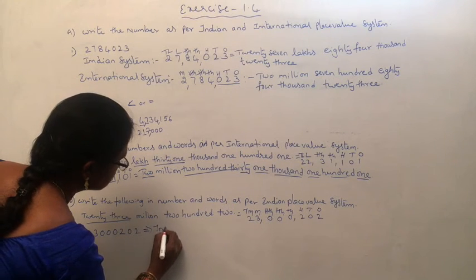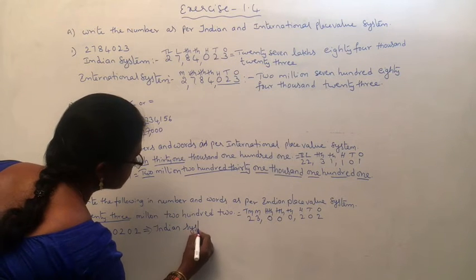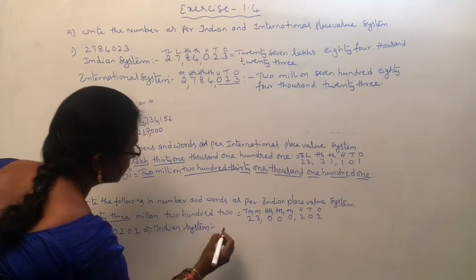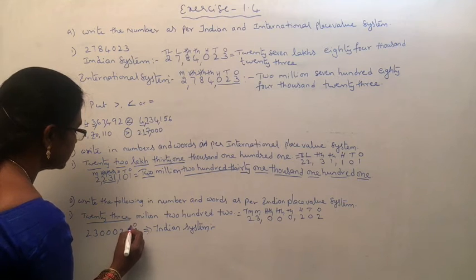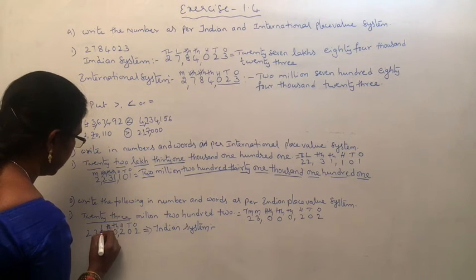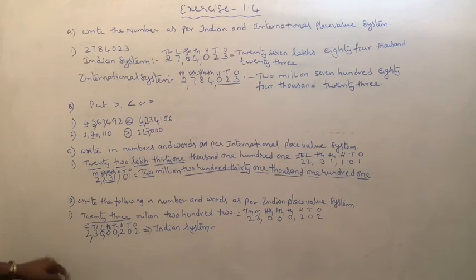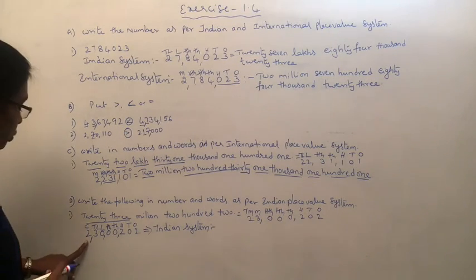Then what are the Indian system place values? Ones, tens, hundreds, thousand, 10,000, lakhs, 10 lakhs, crores. Now, how many crores are there? 2 crores.